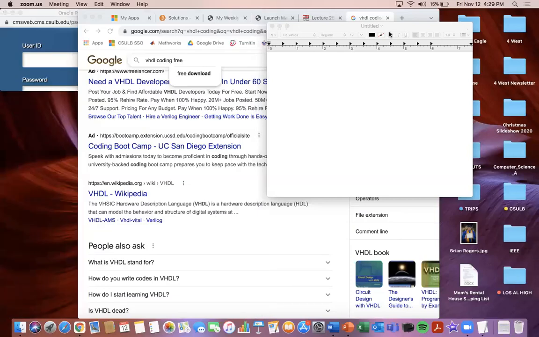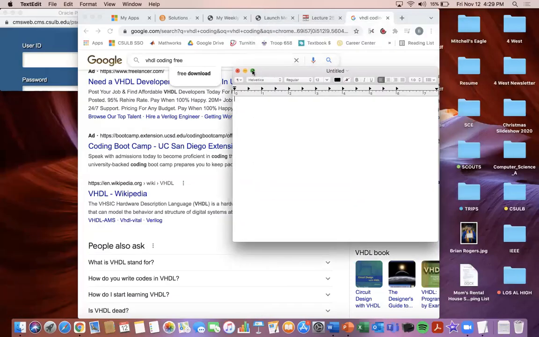Okay, here we go. So I'm going to have this here. Let me just make it a little larger. Okay, so we're going to start with our library as always. Make sure your library is IEEE and then end it with a semicolon for the end of the statement. The next one is use IEEE.standard_logic_1164.all.